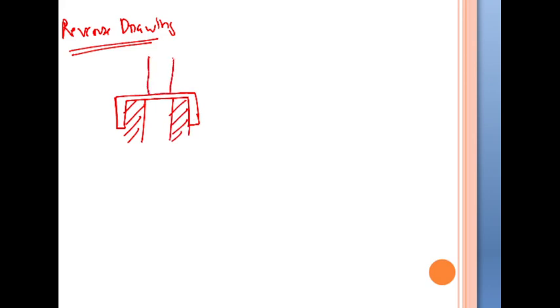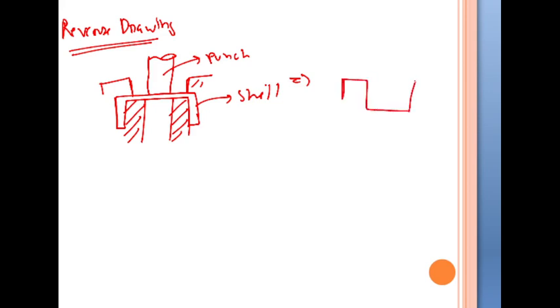Here this is the punch, this is the shell which has already been produced by some other deep drawing operation. These are the blank holders. So finally we will obtain this type of product. This is called the reverse drawing process.